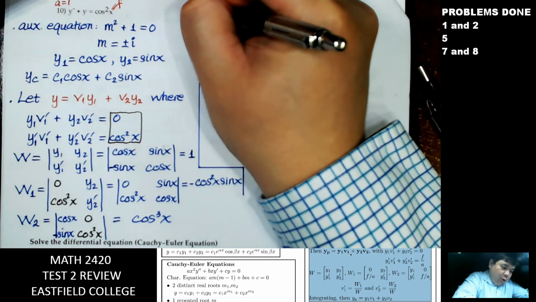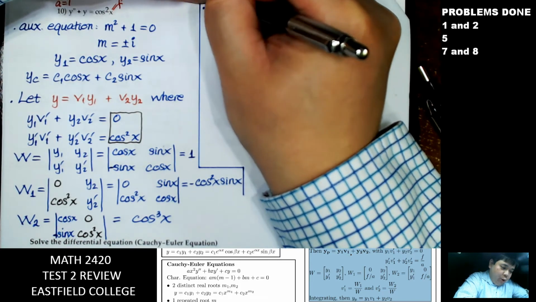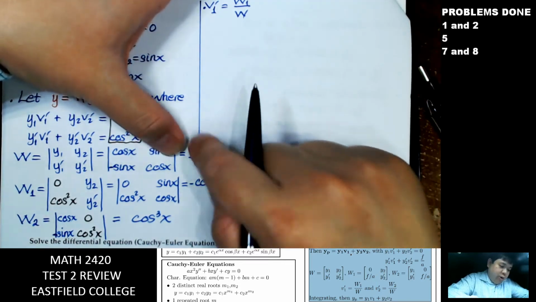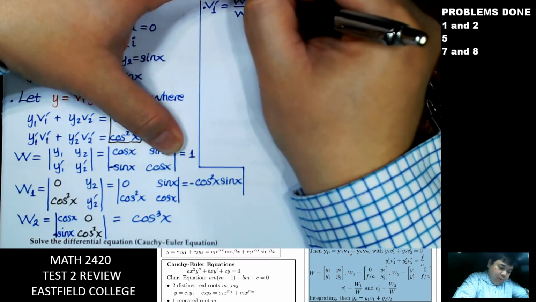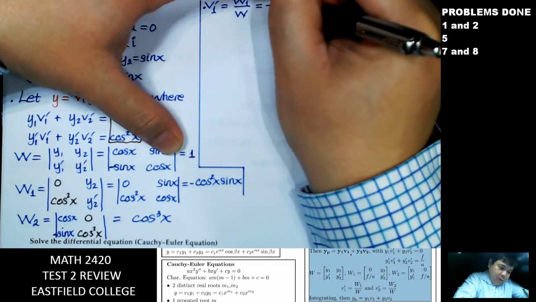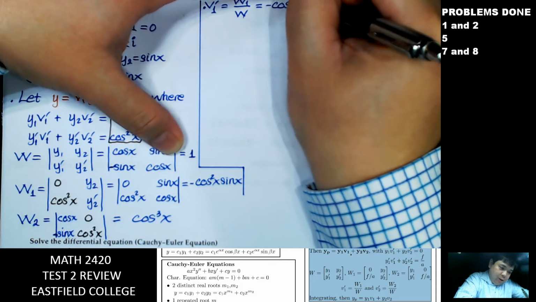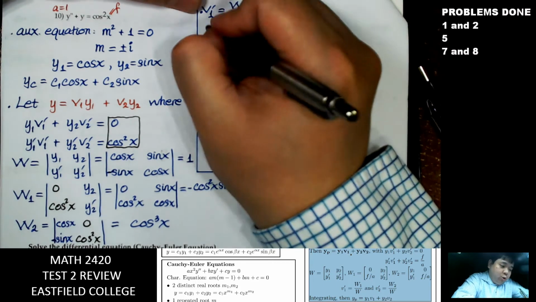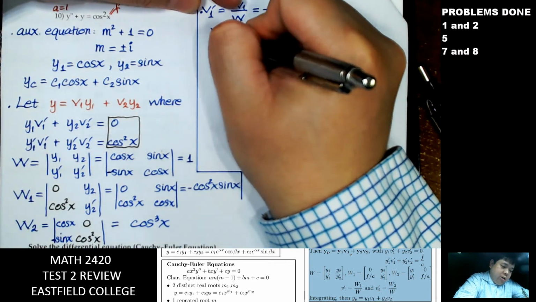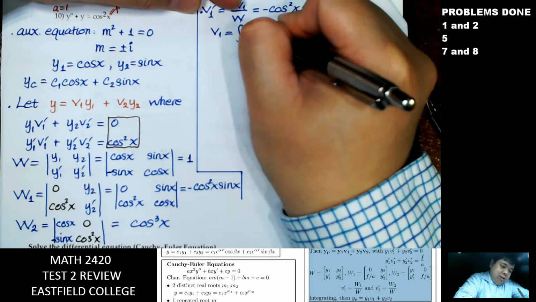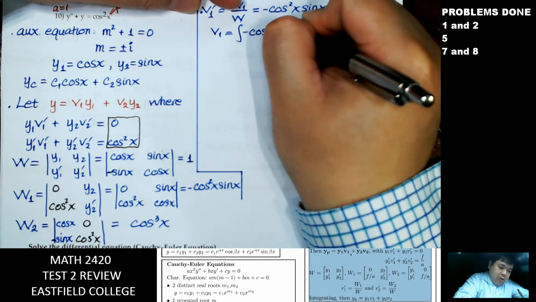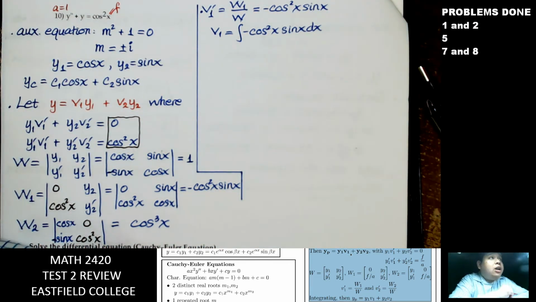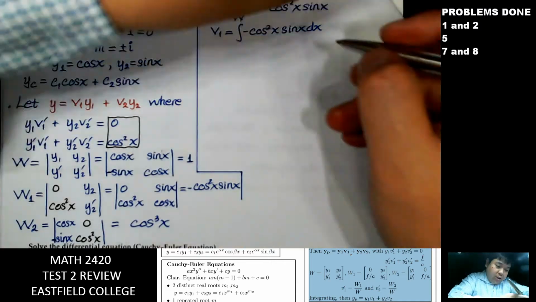Next, v1 prime will be w1 over w. Since w is just 1, that over 1. Right. Now to get back to the function, we have to integrate. So v1 will be integration of that. This we'll do using the substitution.